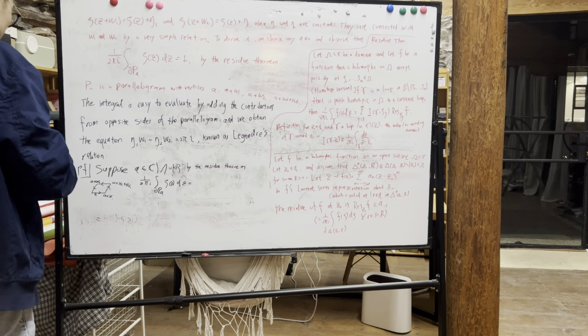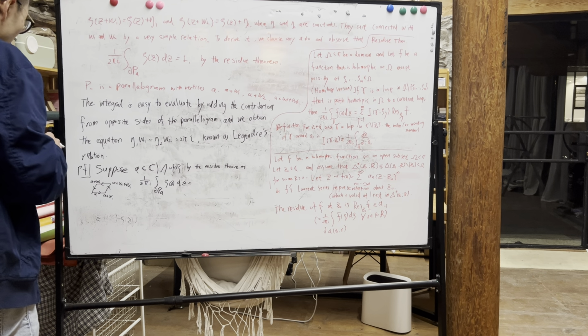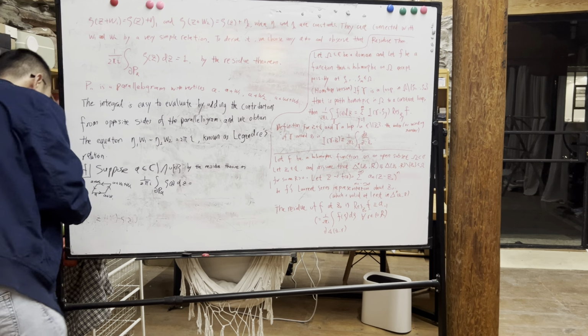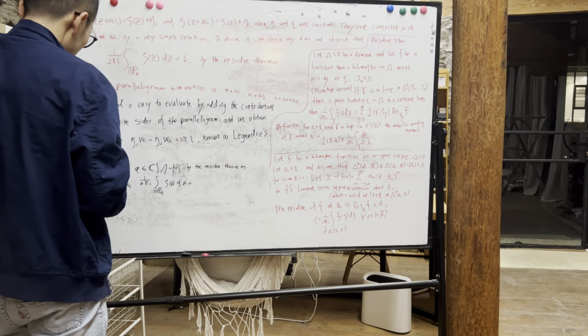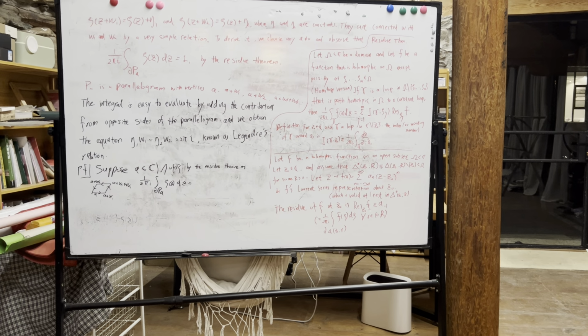If it contains two different lattice points, then they must differ by at least one copy of omega 1 or one copy of omega 2.